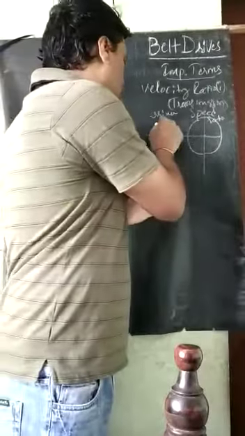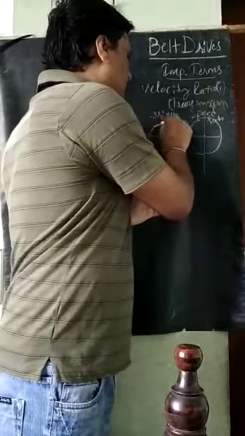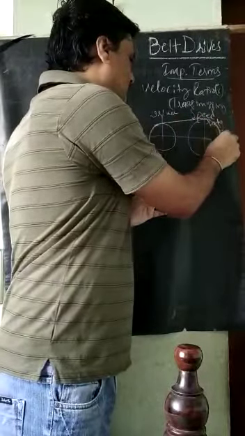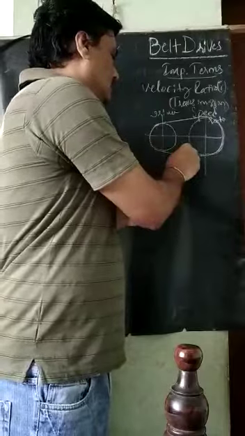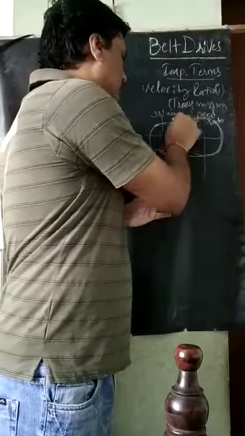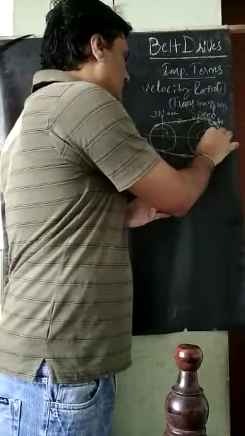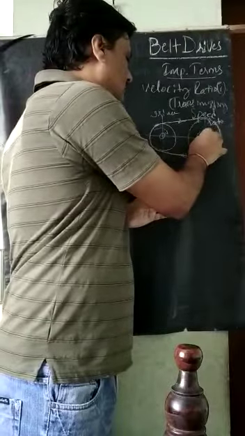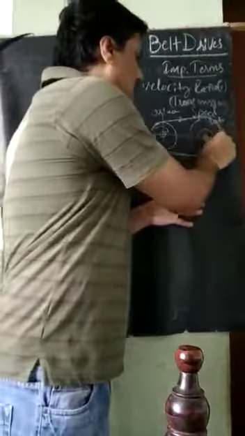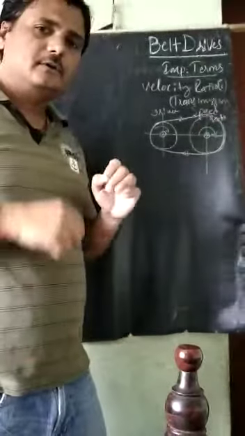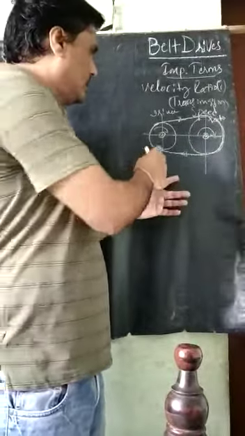Next, these two are connected by a flat belt. Just for example, I am taking this as the flat belt, and this is the direction of rotation of the two pulleys. The shaft is there in both cases. See this rotation now.